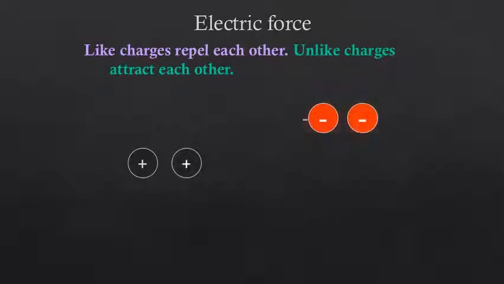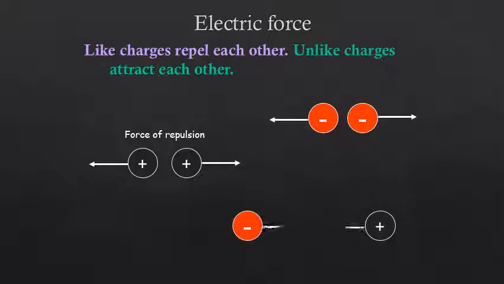So, like magnets, electrical forces can repel or they can attract each other, and just like magnets, like charges repel and unlike charges attract, as you can see from the diagrams.